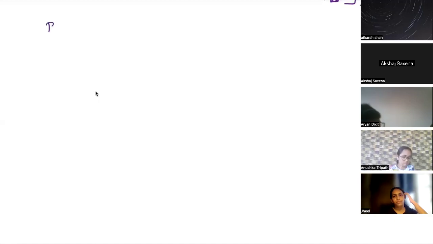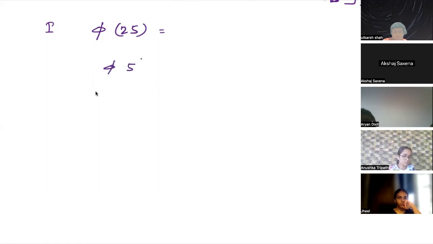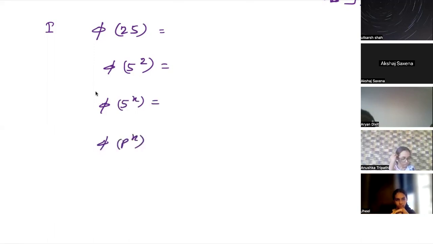First is, if you have to find phi of 25. 25 is 5 square, right? It is a prime power, 5 square. So Euler gave the formula for this: for any prime to the power k, the count will be p to the power k minus p to the power k minus 1.